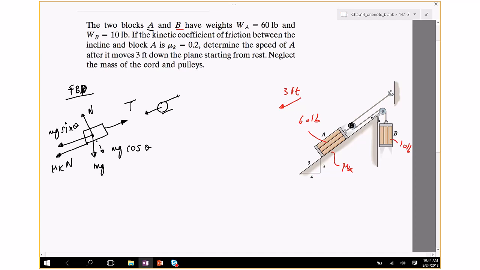So that gets split into two. So T over 2, T divided by 2. And so the block B is going to be pulled up with a force of T divided by 2 because one of the strings wraps on the pulley which connects B. Let me write this as M.